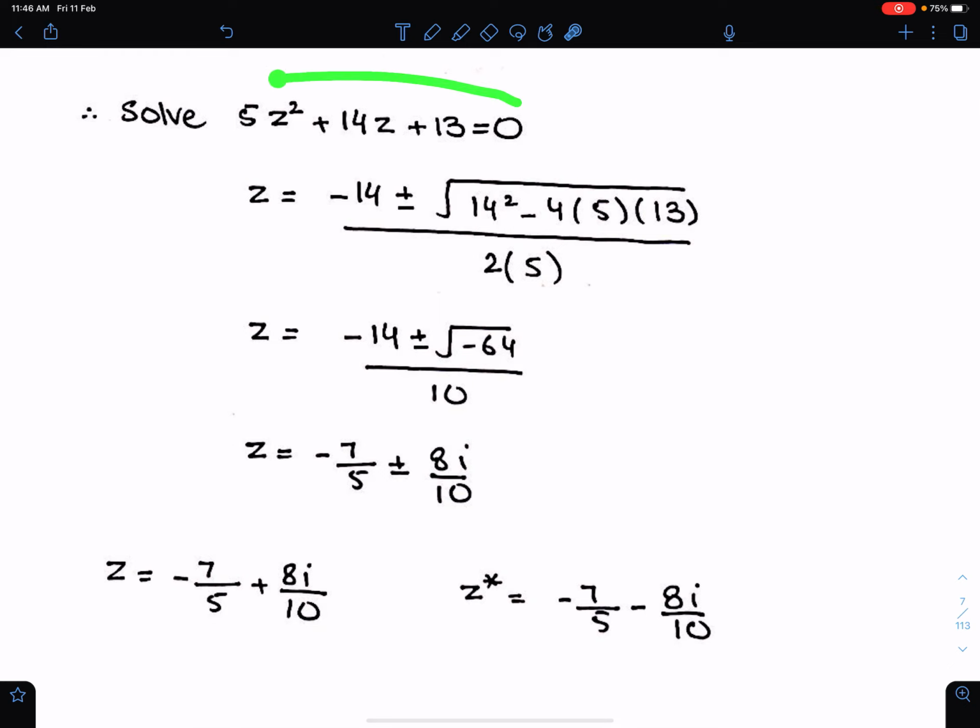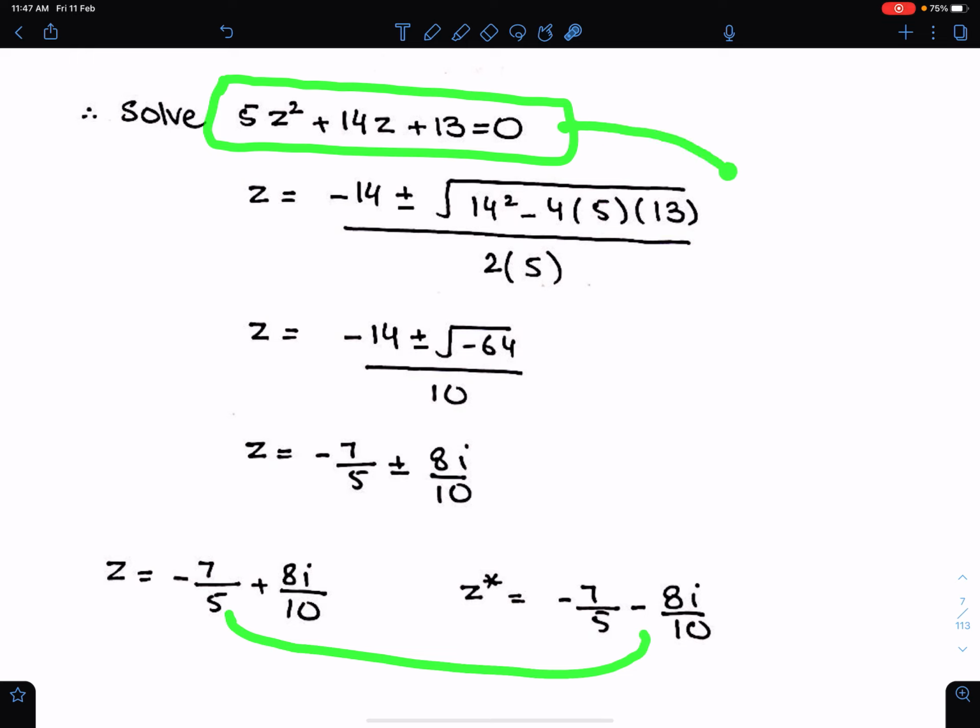When we solve a quadratic equation with real coefficients, and if the equation has no real roots, then the answers are in conjugate form. Meaning, if a quadratic equation with real coefficients, which means no i in the equation, has two complex roots, then these roots are conjugate.